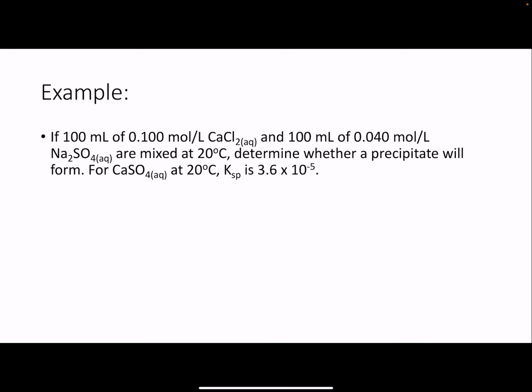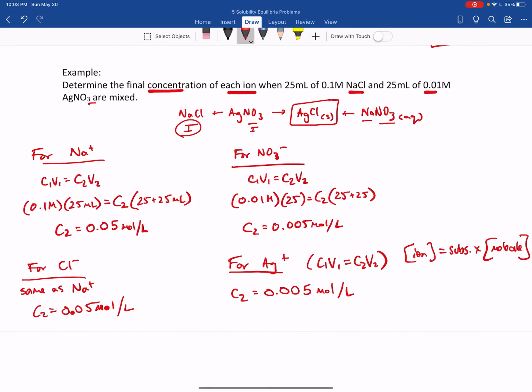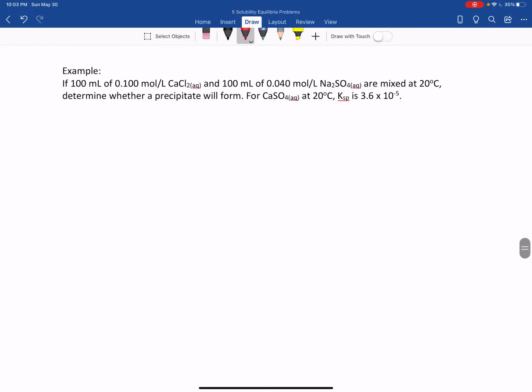So here's a complex example, and we'll break it down first into a roadmap. We're being asked, if these two solutions mix, determine if a precipitate will form. So to do this, we have to start off with reactions. Let's break down what the question's asking us. Determine if a precipitate will form.